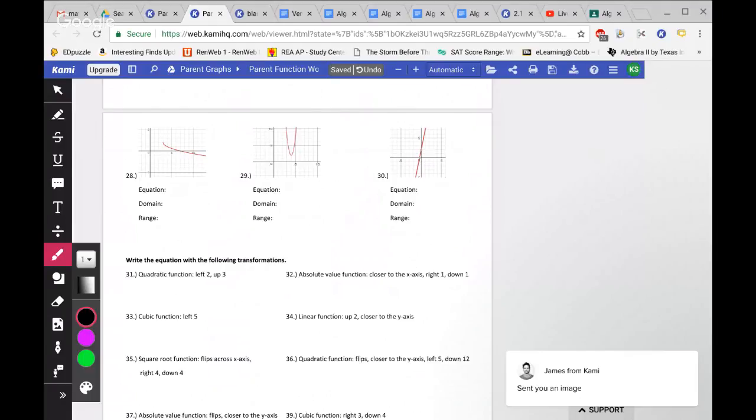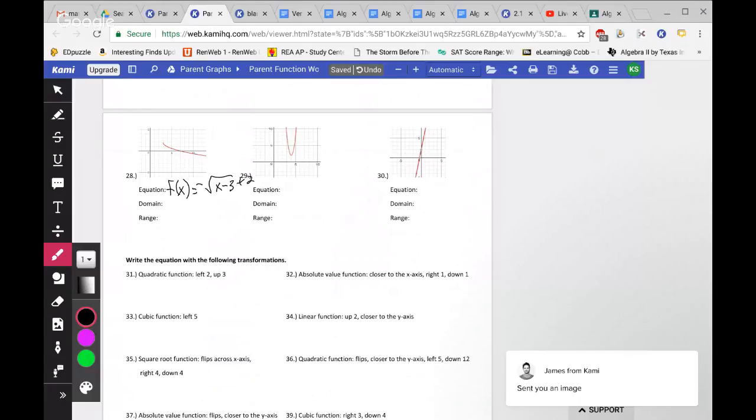Is this just marked the same? Yeah, it's a square root. All right. This is f of x equals negative square root of x minus 3 plus 2. Good job. All right.